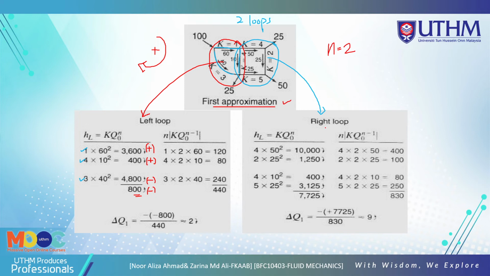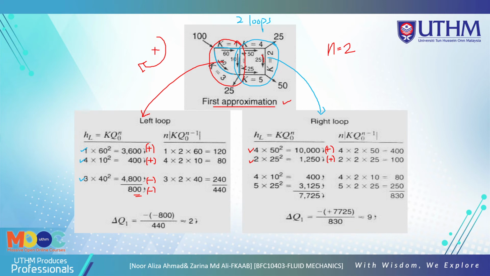With the same calculation, you must calculate at the same time, so you must calculate the left loop and the right loop. For the right loop, K4 is this one, and the flow is 50, so the direction of the flow is positive, clockwise. And K is 2 here, using K2 and 25 squared, so this is also positive, clockwise.